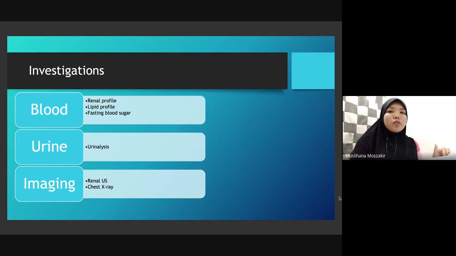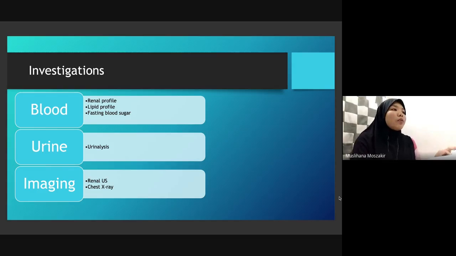The renal profile is to know the renal function, whether it's still good or not. Then the lipid profile, to know any excess of lipid, and then fasting blood sugar if we suspect the patient to have diabetes.